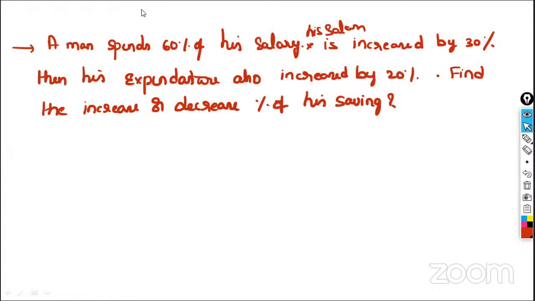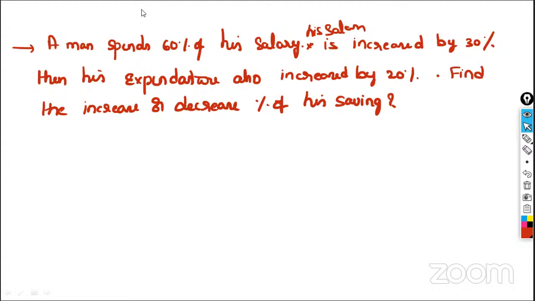Anyone got the answer? Decreased by 2%, wrong. Remaining ones, give a try. Think that his salary is 100% and the spent amount is 60%. Then savings are how much? 40%. No, 18%, wrong, Lokesh.